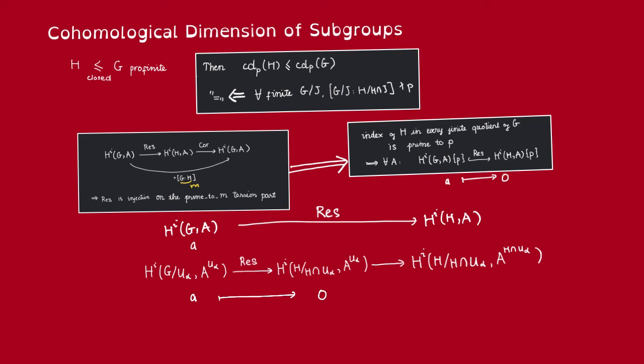Now we will apply the proposition before this to this group, right? Now the index of this group inside the quotient is prime to p. So by the proposition, we must have that this restriction map is injective on the p-primary torsion.